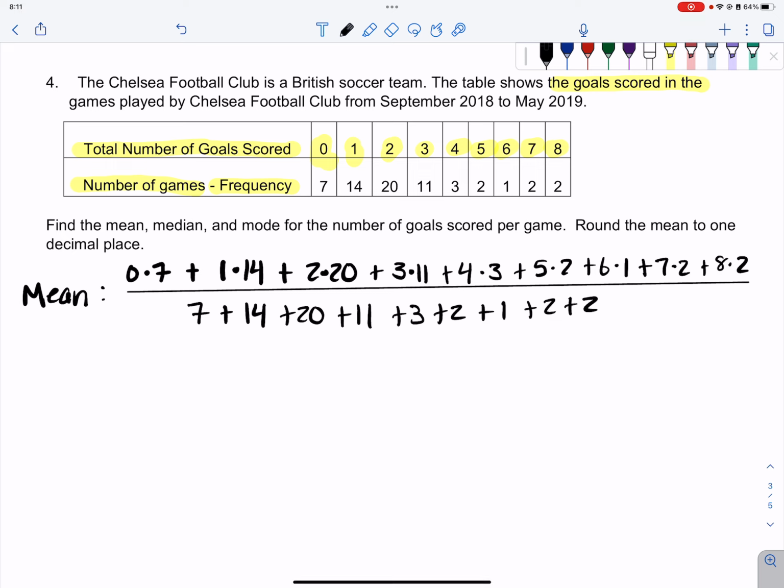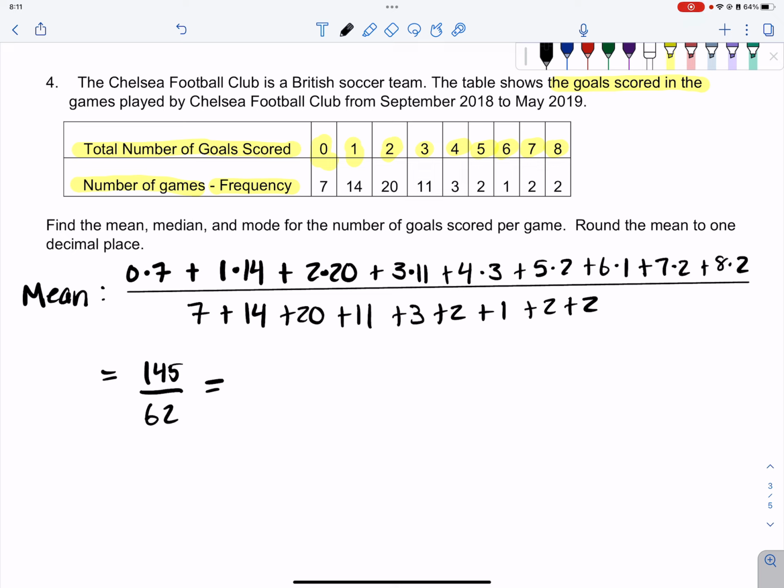And now we can simplify this. If we put the numerator here into the calculator, you should get 145 for that. And then that denominator, if we add all those together, adds up to 62. So 145 divided by 62.